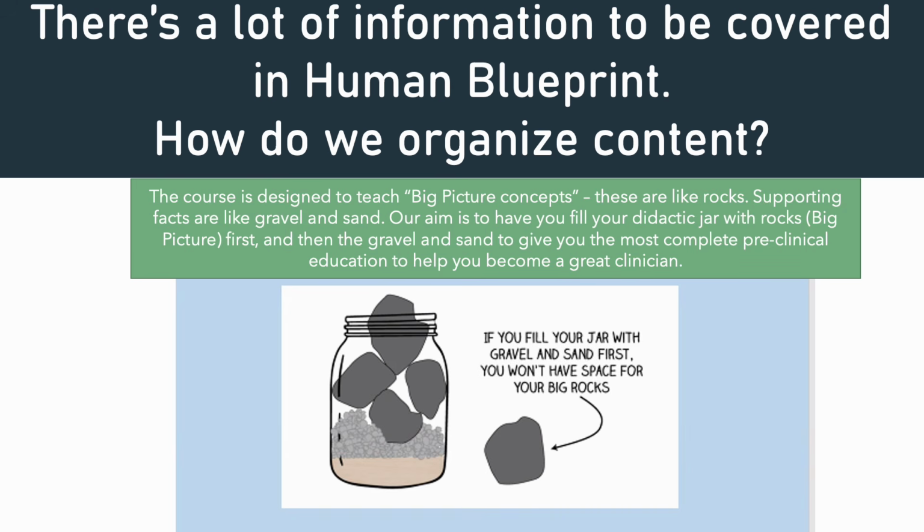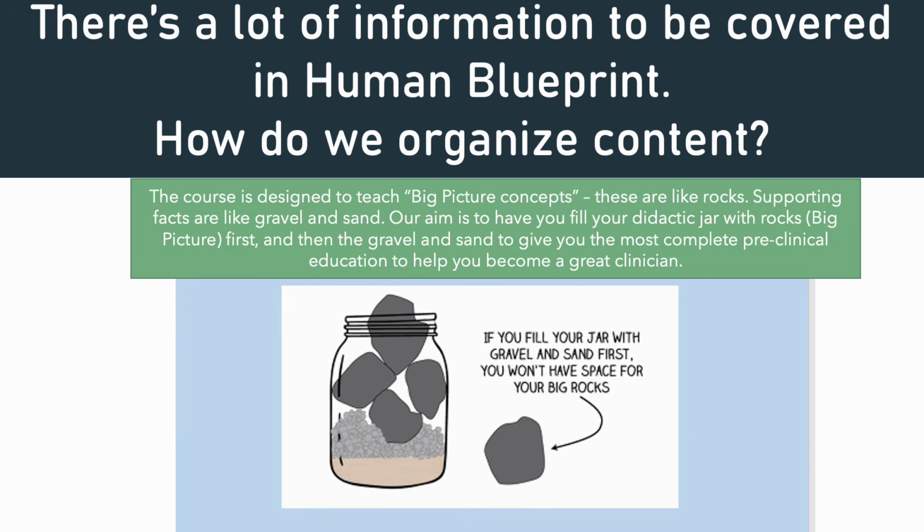So you can already tell there's going to be a lot of information to cover in Human Blueprint. And so how do we organize it all? This course has been built around what we call big picture concepts. Think of these as rocks, and the supporting facts and details are like the gravel and sand. So the key idea here is that we want you to fill your jar with the rocks first.